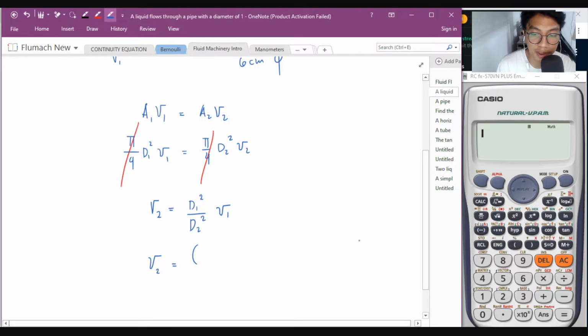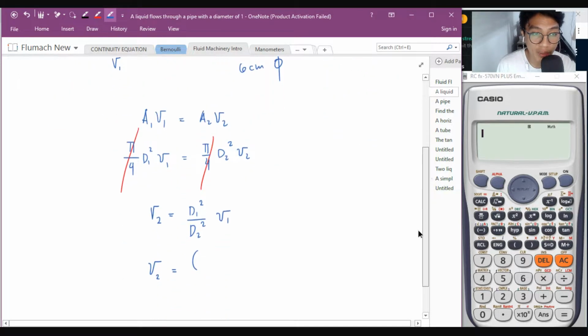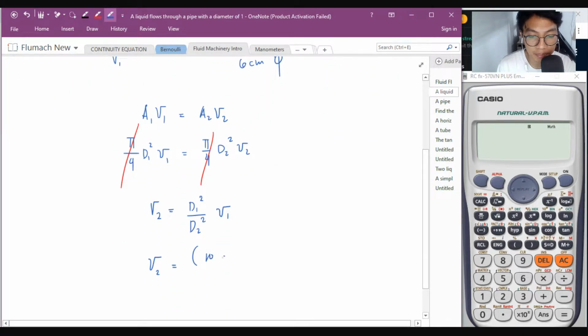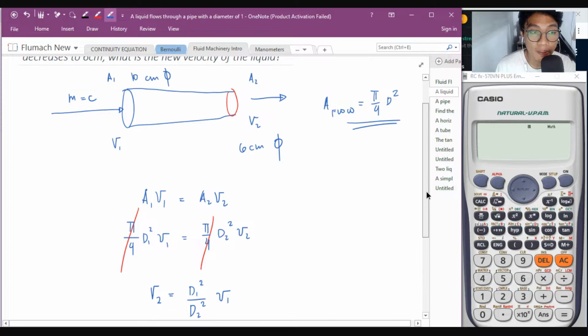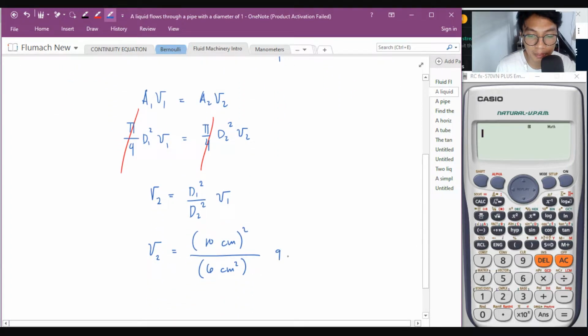Ano yung d1 mo dyan? That is 10 cm squared divided by 6 cm squared. Multiply to velocity 1, which is 9 cm per second. You cancel all the same units.